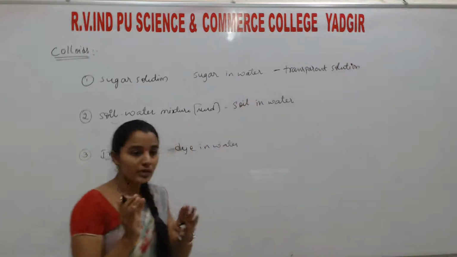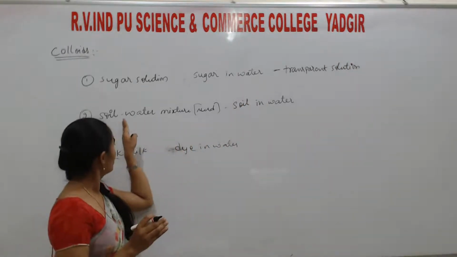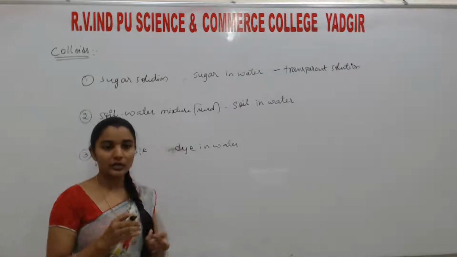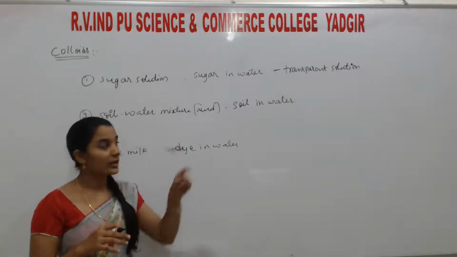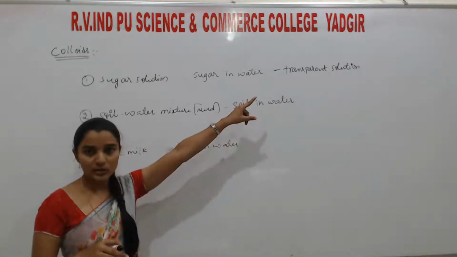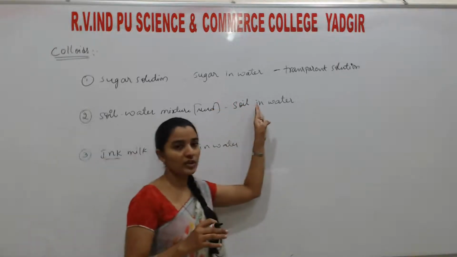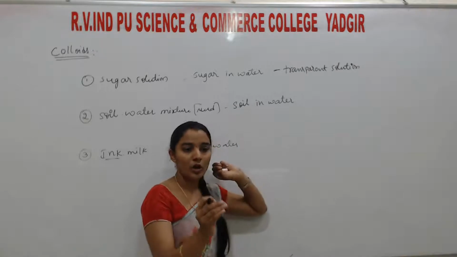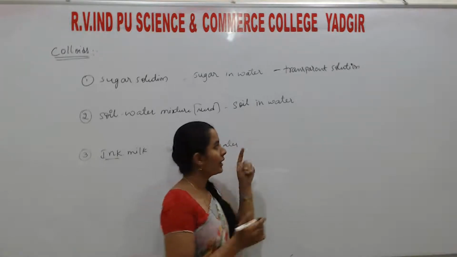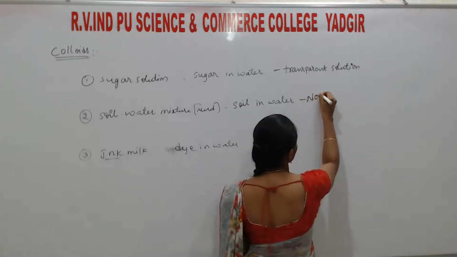Correct? If you mix sand or soil in water, does it form a transparent solution? Of course, we can easily see the soil particles in the water. It is non-transparent.